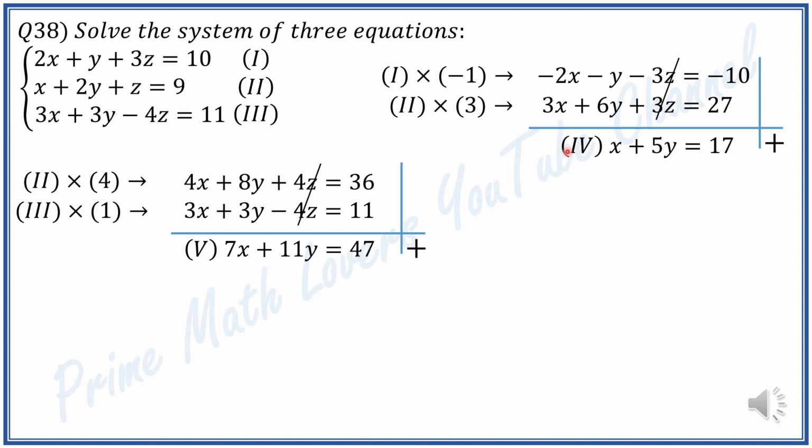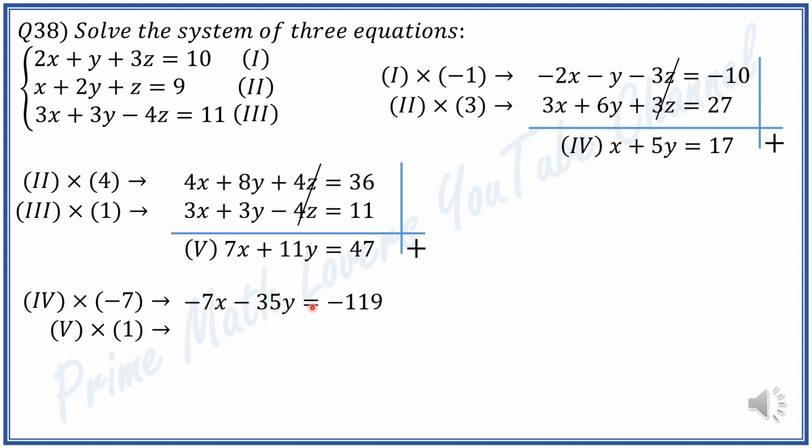In equation 4, the coefficient of x is 1, and in equation 5, the coefficient of x is 7. So I multiply equation 4 by -7 and equation 5 by 1, and we get -7x minus 35y is equal to -119.